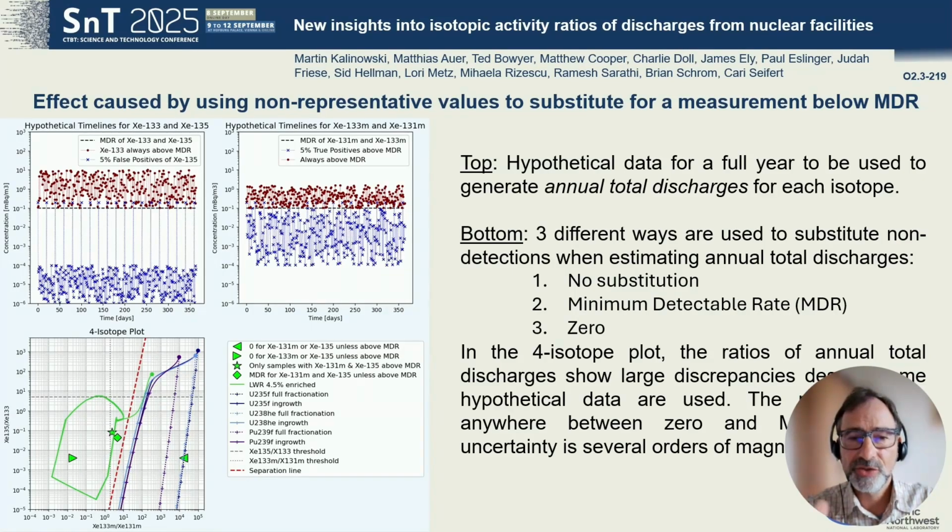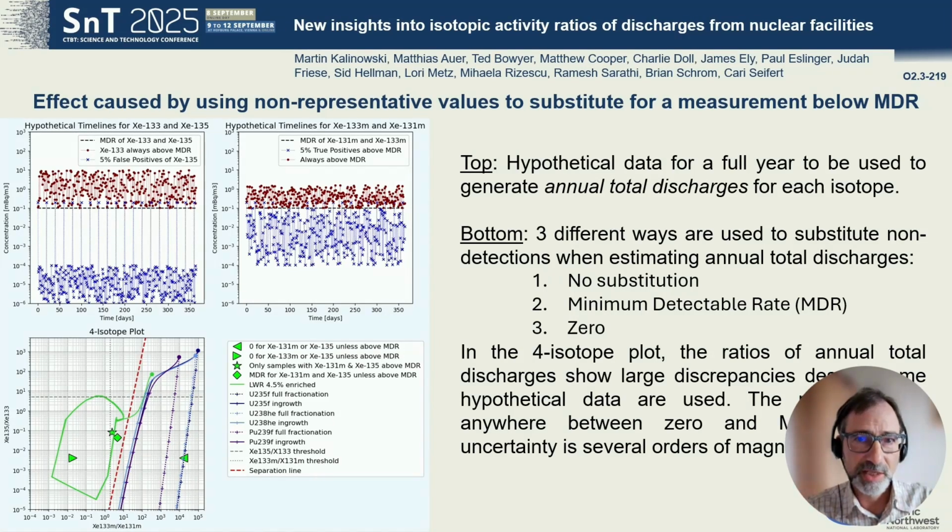And this is shown for 2 different isotopes in each of the top plots. And the bottom plot shows the results of 3 different ways to substitute non-detections when accumulating annual total discharges from these daily values.